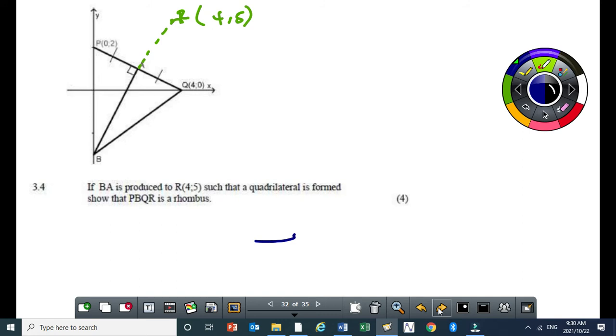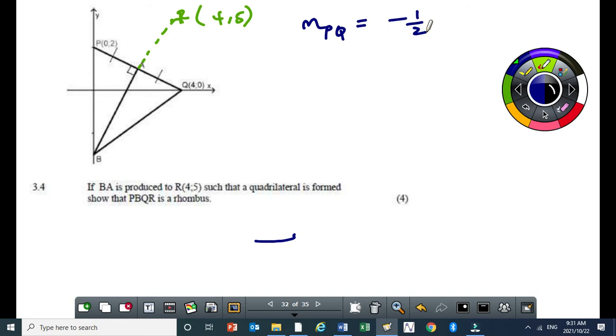Let me just start with proving that the diagonals are perpendicular. I know that the gradient of PQ is, we calculated it, negative a half.